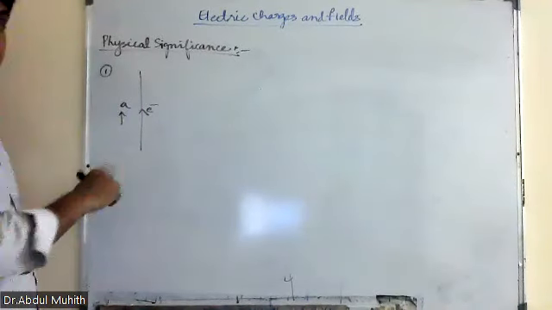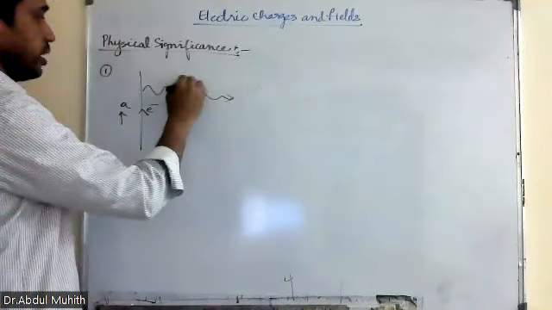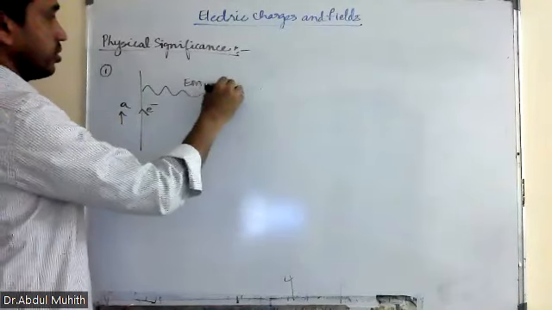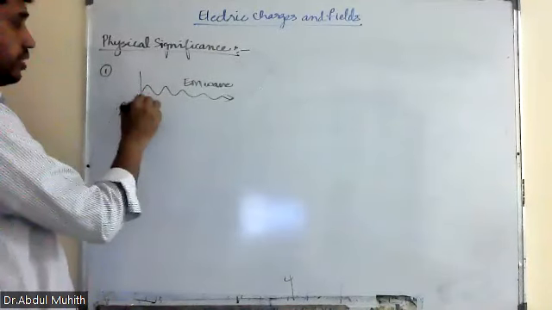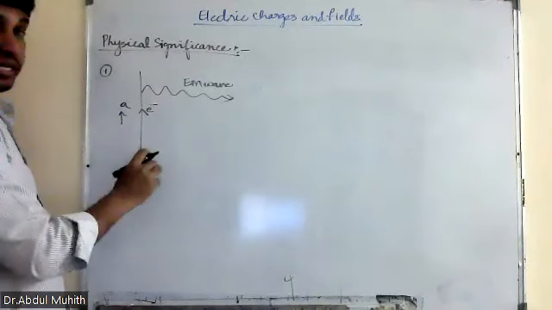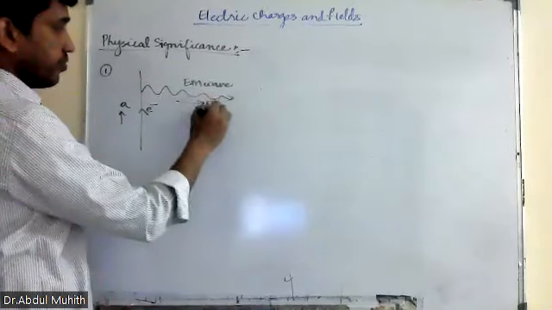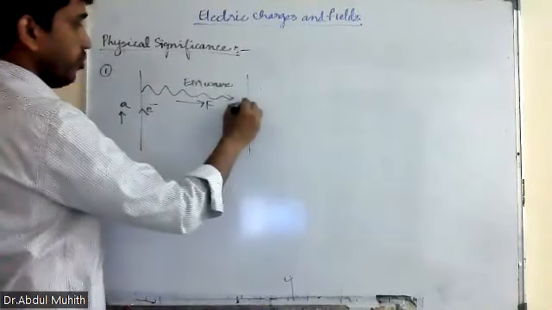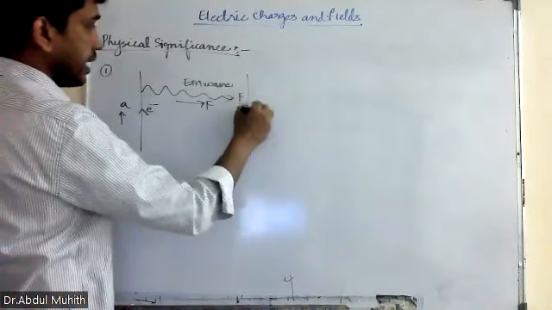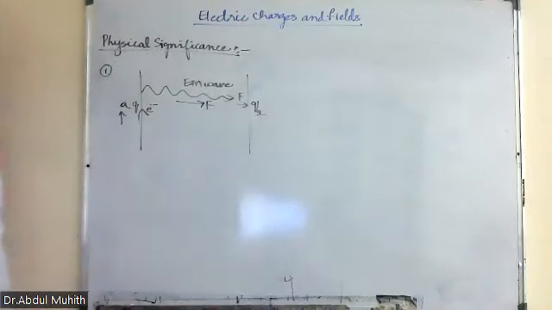When the electrons accelerate in the antenna, an electromagnetic wave is produced, which will travel with a force F and exert a force on the second charge. Like suppose you take Q1 here, it exerts a force on the second charge. Got it? This gives rise to the concept of electromagnetic waves.